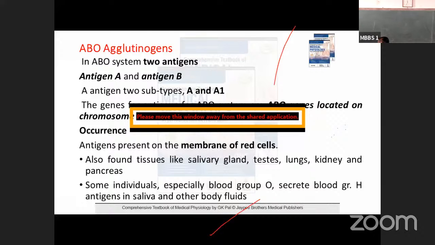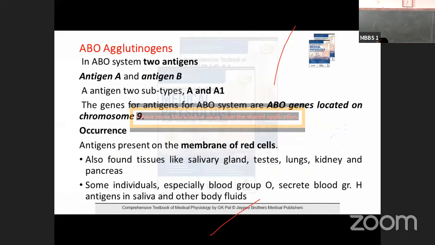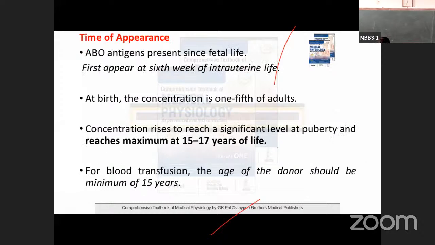Some individuals, especially O group, secrete H antigen in the saliva and body fluids. Only O blood group individuals secrete this H antigen in the saliva and other body fluids.